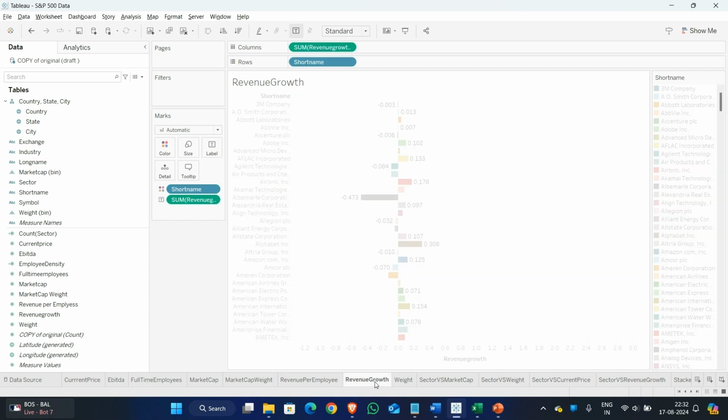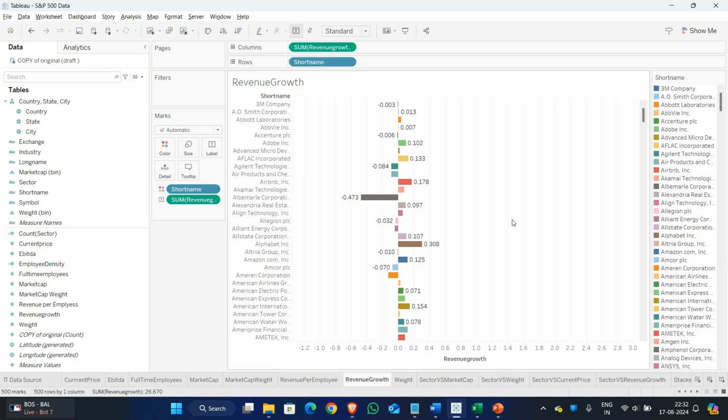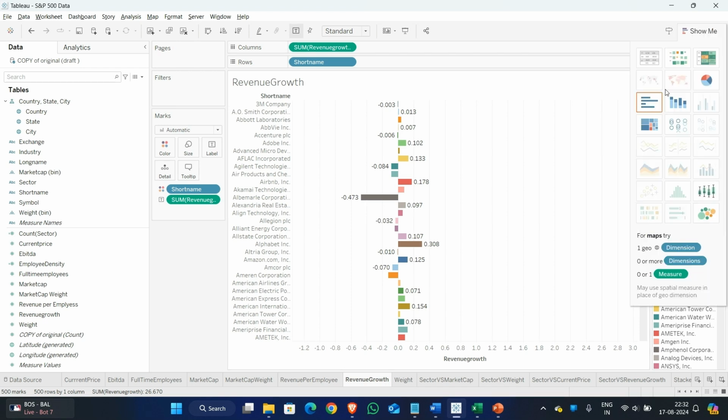Next, we go to the revenue growth. I chose a bar graph for this, and here I have used the short name on the y-axis and on the x-axis revenue growth. With the bar graph, we can clearly see negative growth and positive growth at the same time.